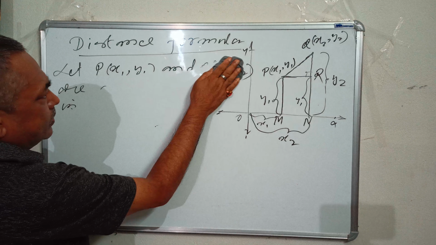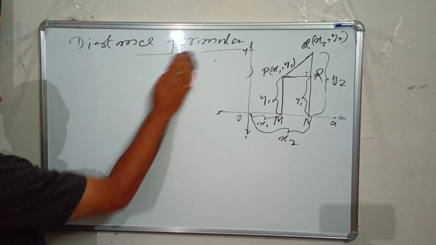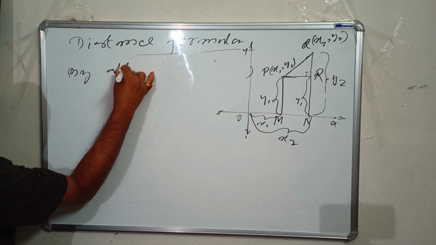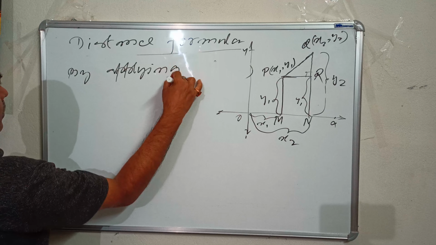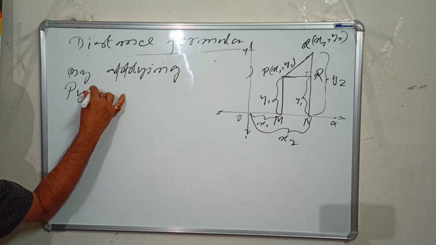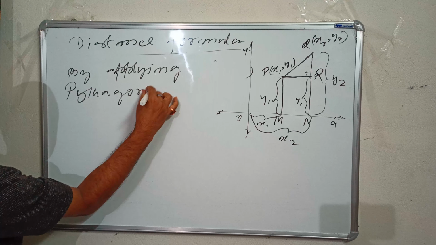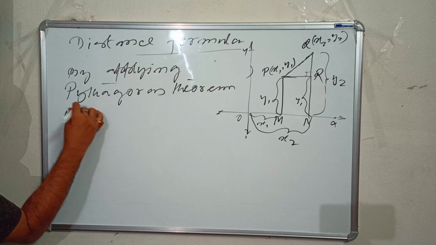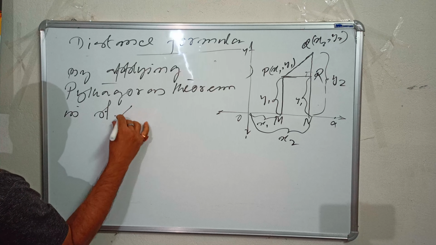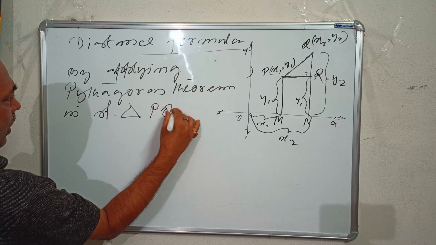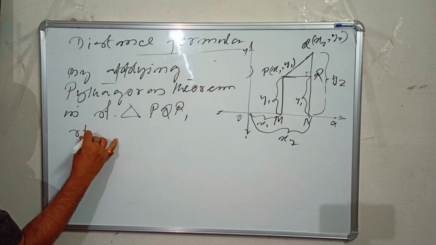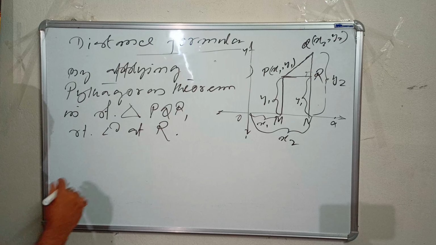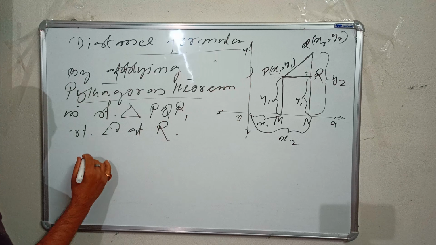So by applying Pythagoras theorem in right triangle PQR, right angle at the point R, by Pythagoras theorem, what do we have?